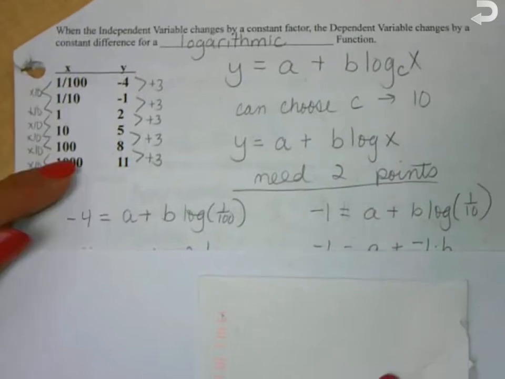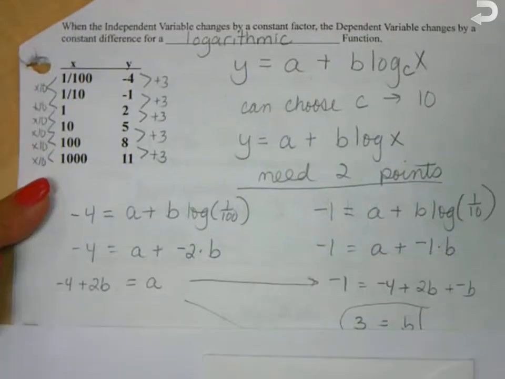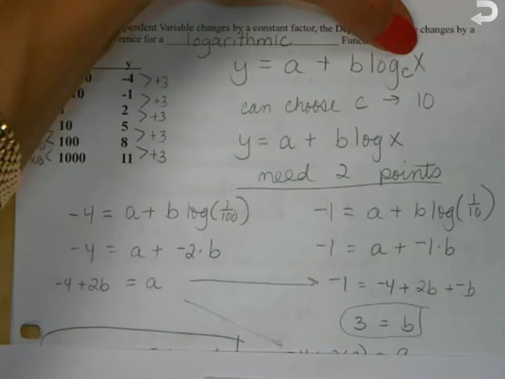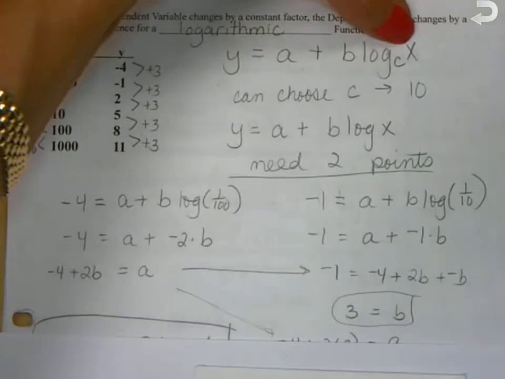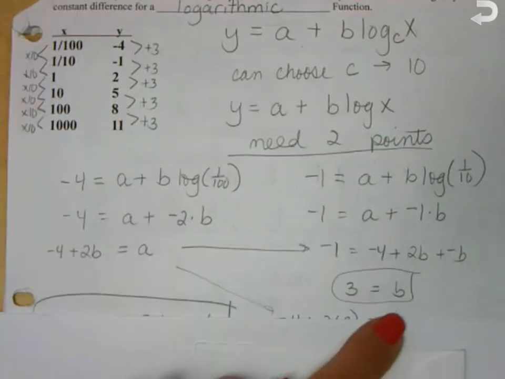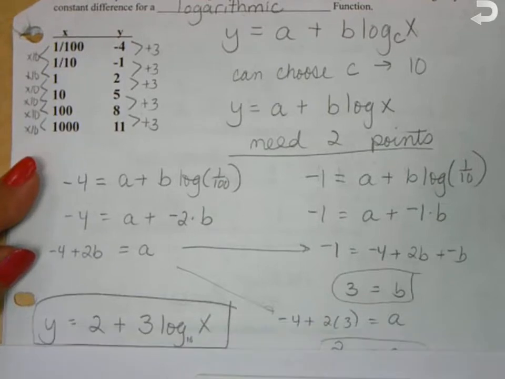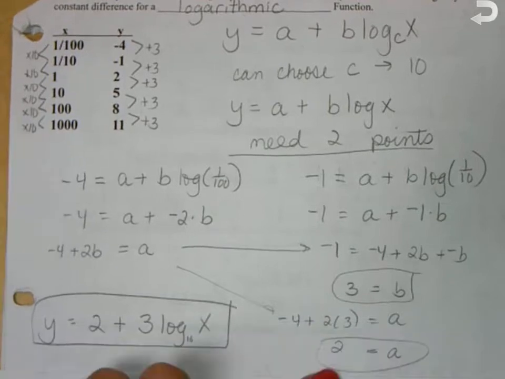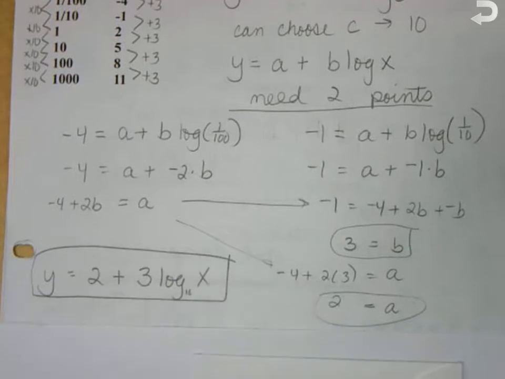I'm not going to go through all the steps, but I solved my system, and with c as the base of choice, the coefficient b in front came out to be 3, and my a factor came out to be 2. You can follow my steps and try it on your own to get that model.